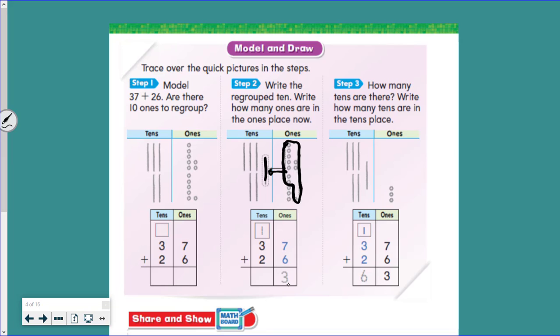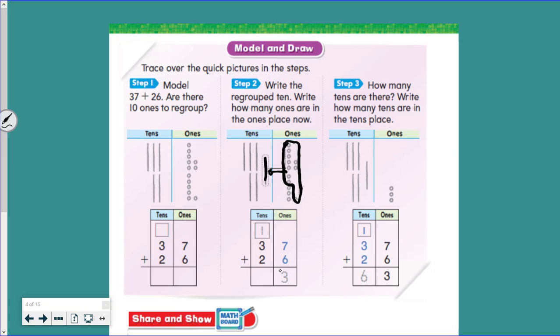And so then what they're doing down here is they're showing what happened with numbers, okay? So we had 10, 11, 12, 13 ones. You can't write 13 in the ones place. We talk about this when we do calendar, when we count our days and we have to regroup. So we can't fit 10 ones, or in this case 13 ones. So we have to regroup.